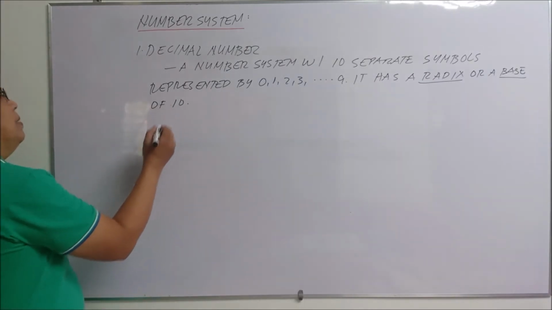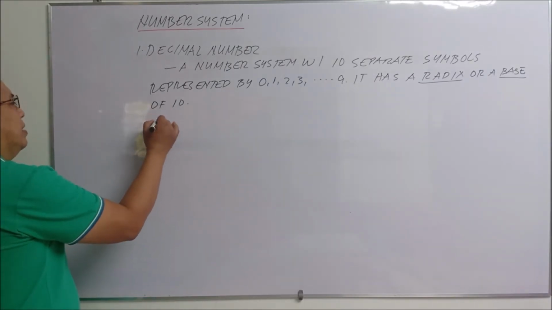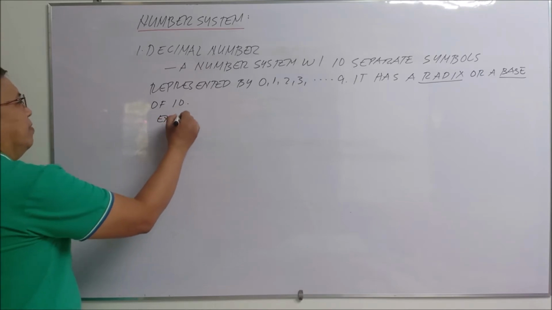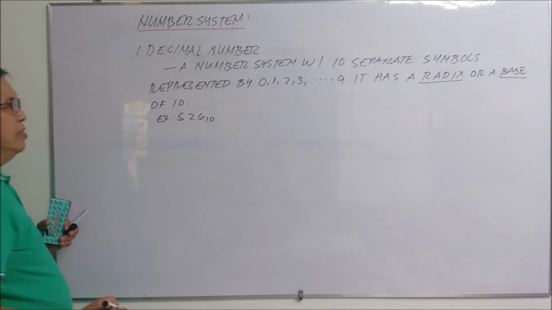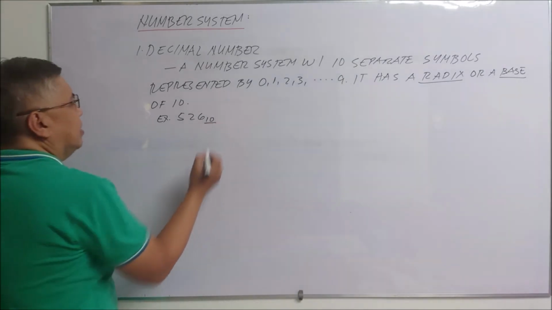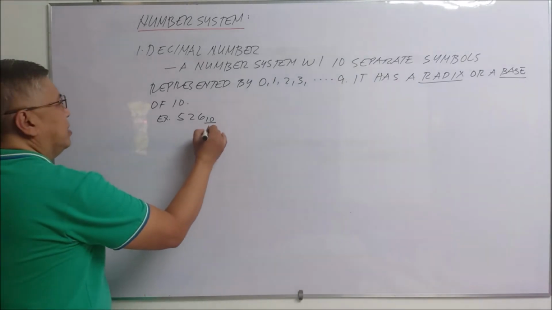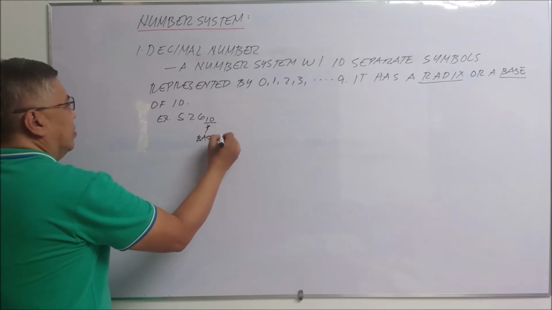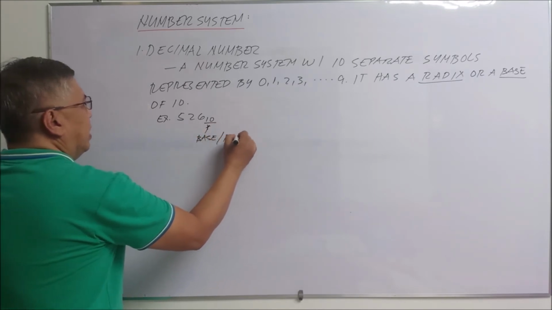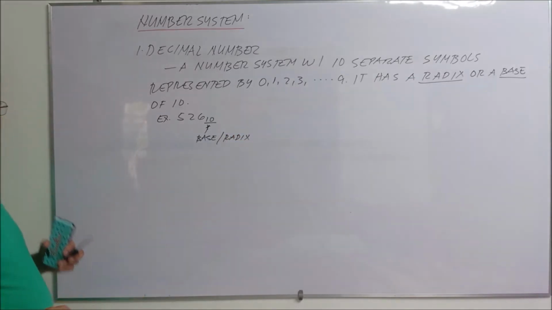So an example of a decimal number is 526 of base 10. So this one here is called the base or the radix. Okay?